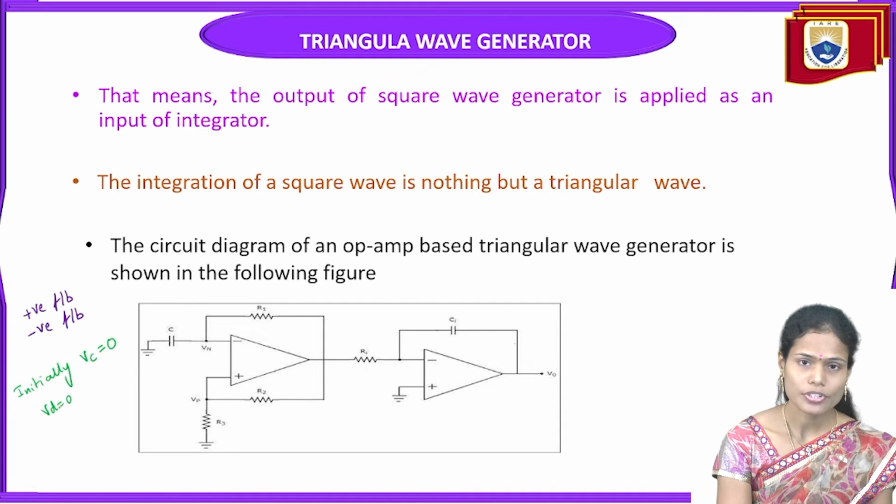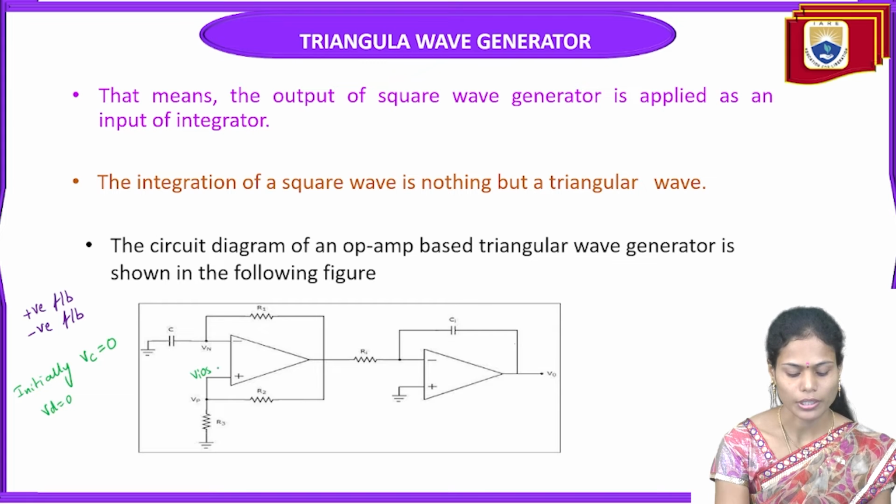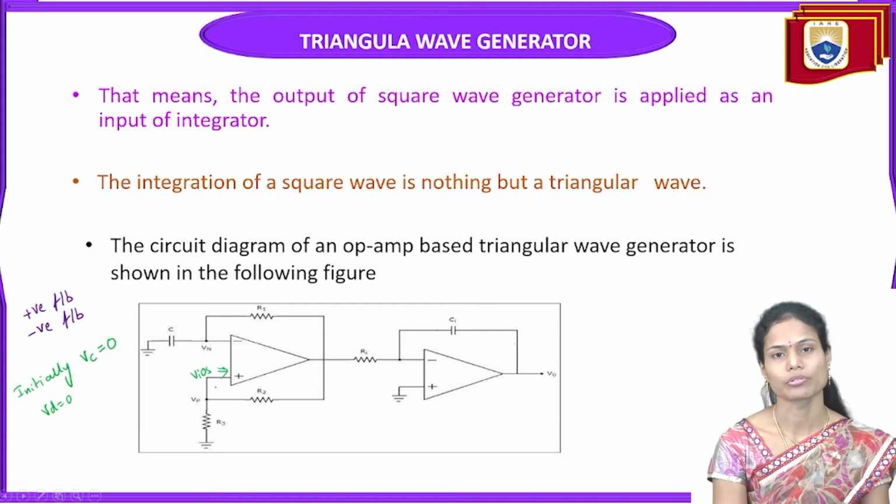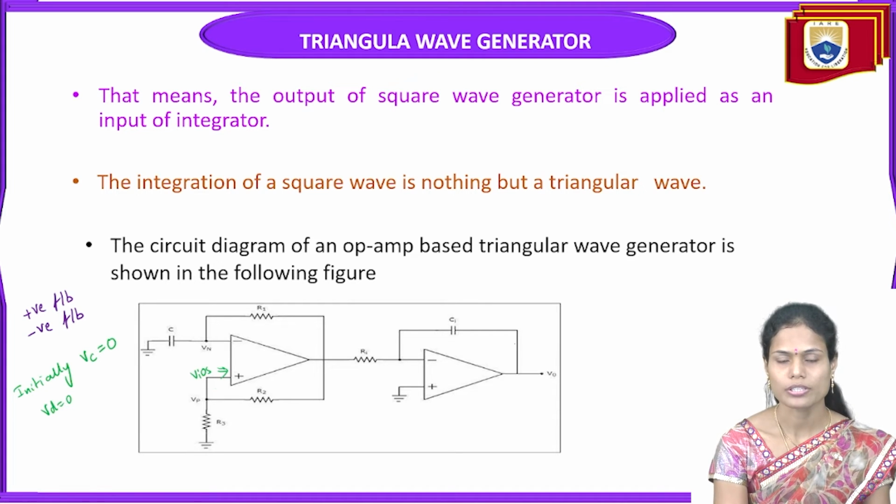Even though the differential voltage is 0, some input offset voltage VIOS is present at the non-inverting terminal of the operational amplifier.